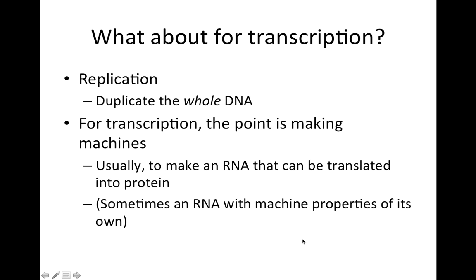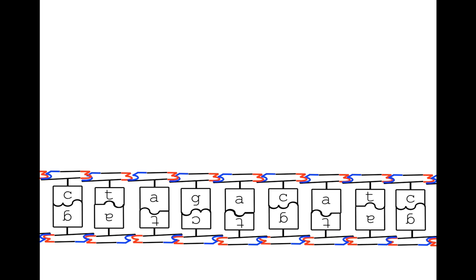But what that means is that we don't want to just make a full copy of our DNA. We want some specific sequence, some specific part of the DNA, and the part that we want is the part that contains the message that has some function.